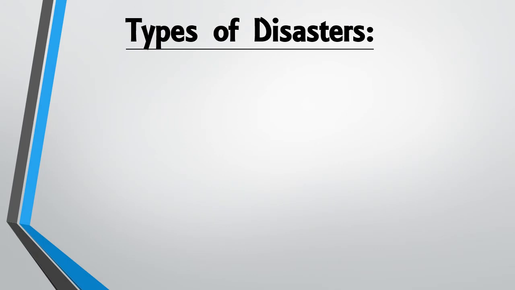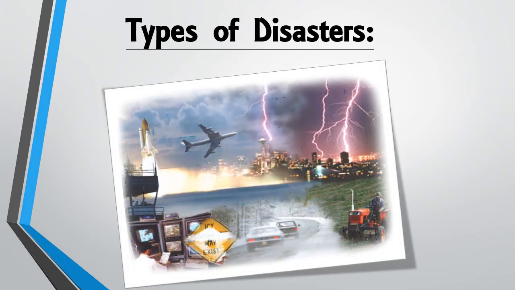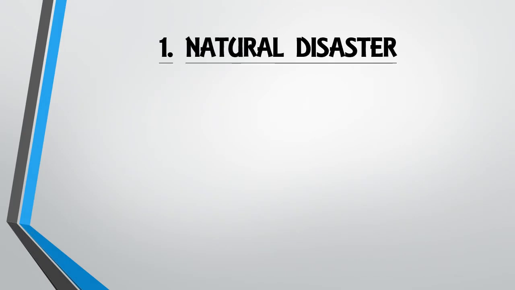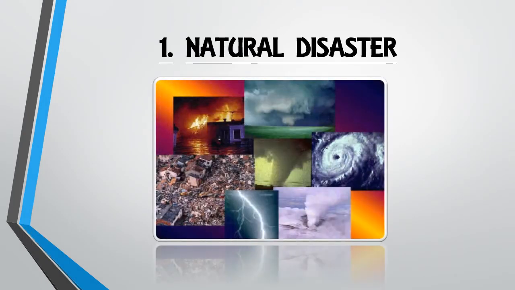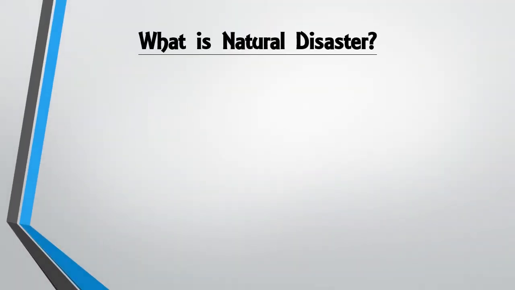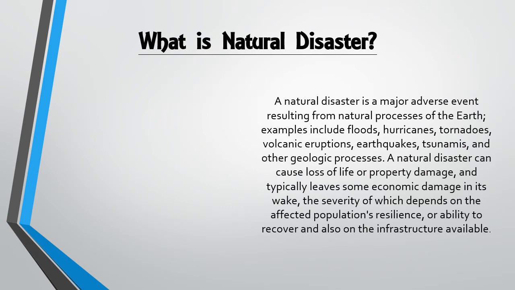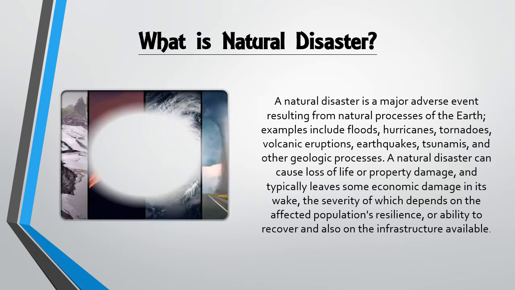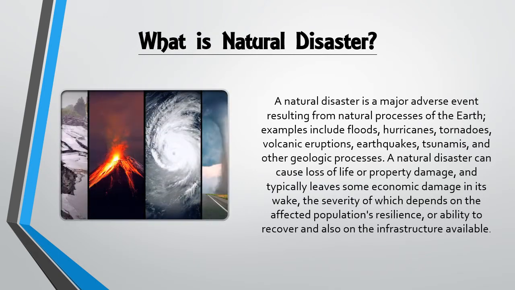Types of disasters. First, natural disaster. What is a natural disaster? A natural disaster is a major adverse event resulting from natural processes of the earth.